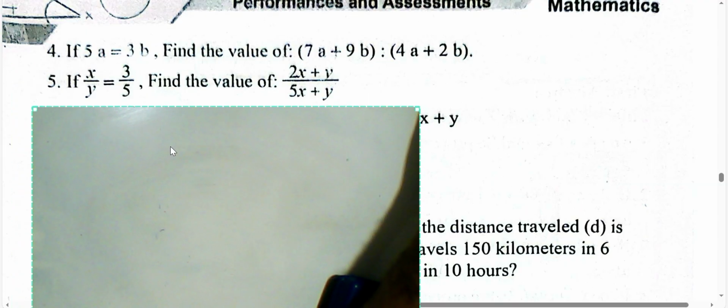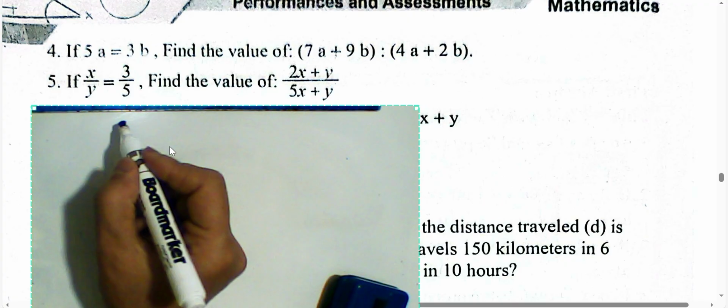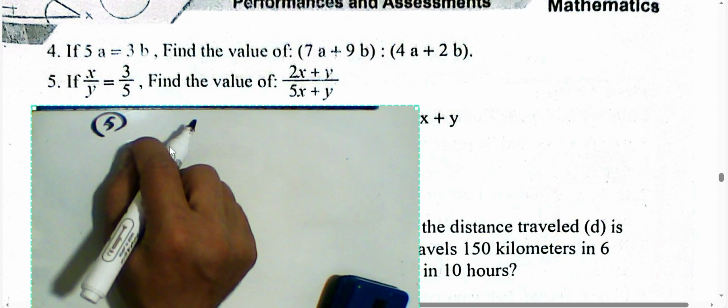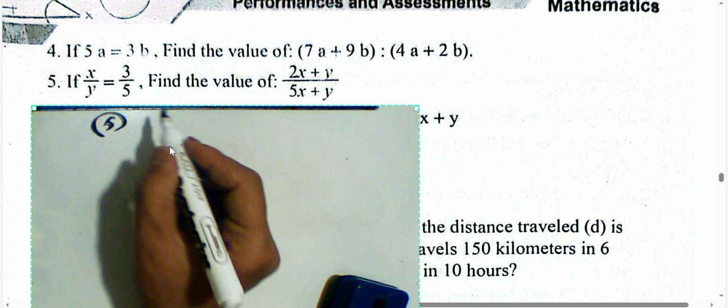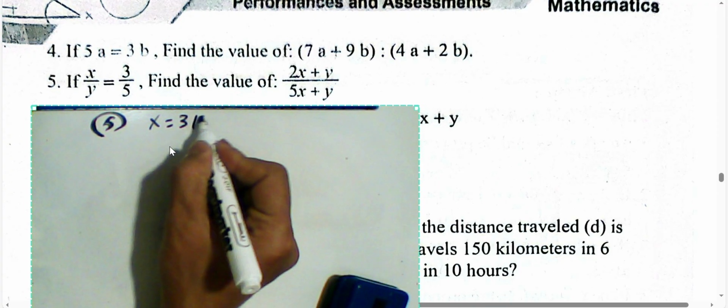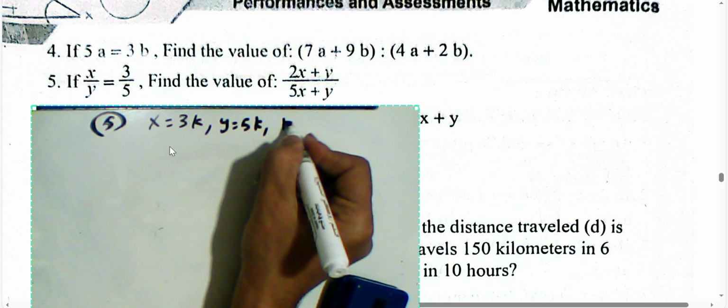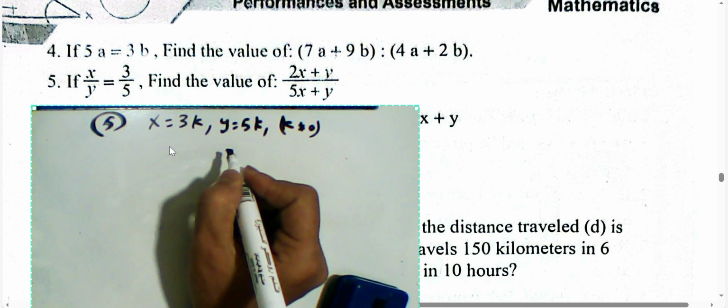Next question, number 5. If x over y equals 3 over 5, find the value of this expression. We can write x equals 3k and y equals 5k, and k is a constant, not equal to 0.